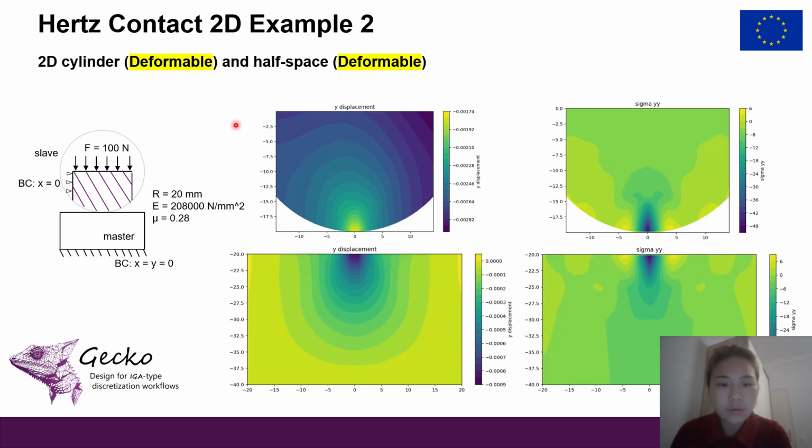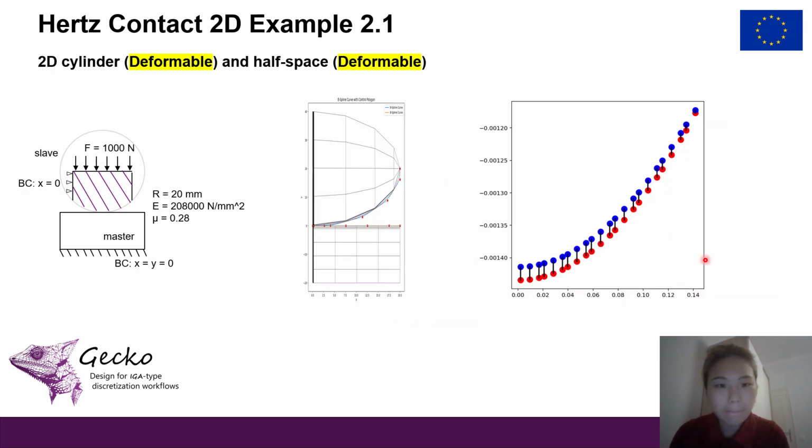We visualize the displacement of the bodies in the y direction, which corresponds to the direction of the applied load, and at the same time the normal stress sigma yy is shown, highlighting how the material responds to the contact force. We also use a different simplified model, and we only choose the right half side of the domain.